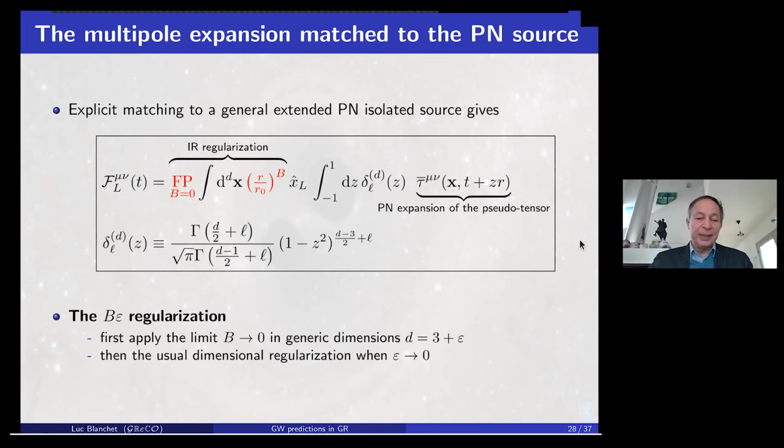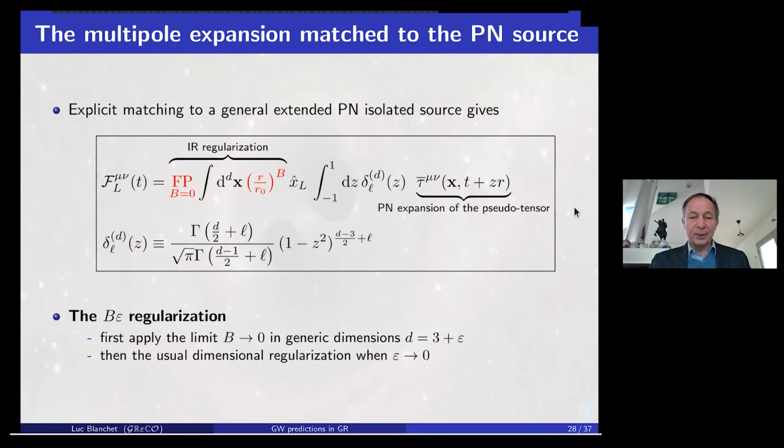And for intermediate steps in our calculation, it is important to keep this regularization r to the B. At least we have not found a way to get rid of this regularization scheme, but that's the way it is. It was invented in order to deal with multipole expansions, and so we still have that problem in our calculation.